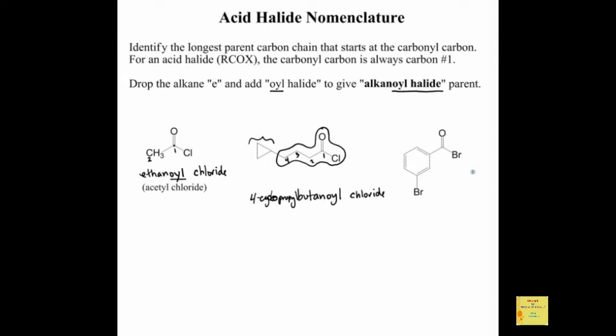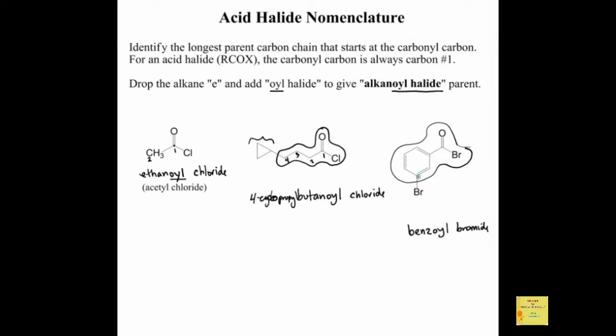How about this one? What is our parent carboxylic acid? If this were a carboxylic acid, if this were an OH, we'd call that benzoic acid. So we're going to call this benzoyl bromide. That's our parent. Related to benzoic acid, we call it benzoyl bromide. And what do we have attached?